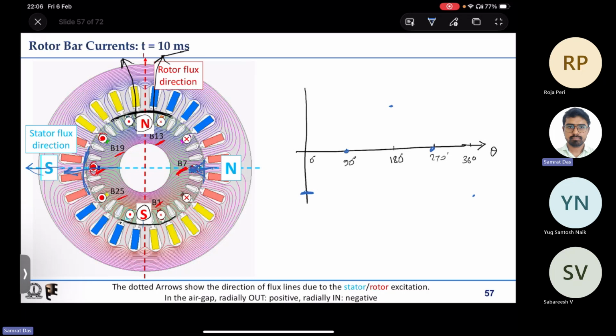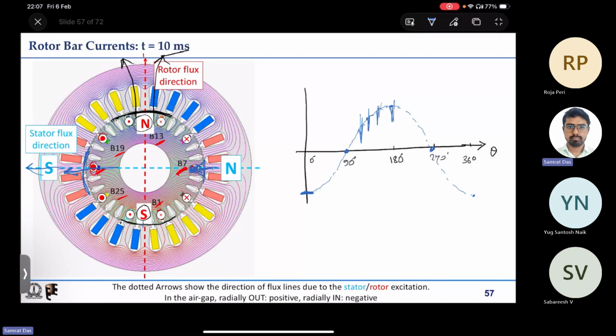So this is how the B distribution along the air gap looks. This will be sinusoidal, and of course due to the presence of slots, there will be some notches on the B.